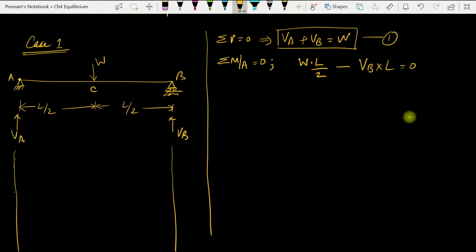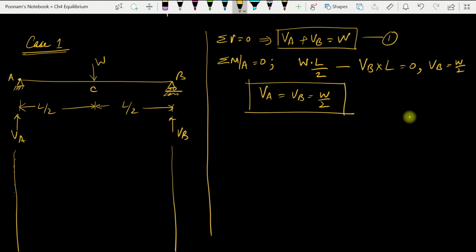It gives me VB is equal to W by 2. And of course, the load is symmetrically applied, so VA and VB both will be equal to W by 2. So my calculation of support reactions is done.